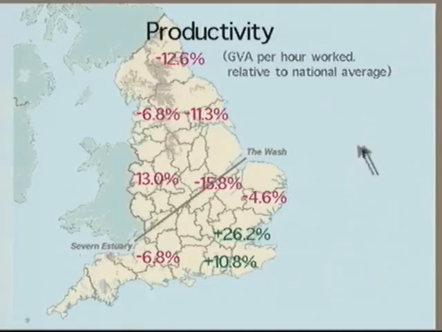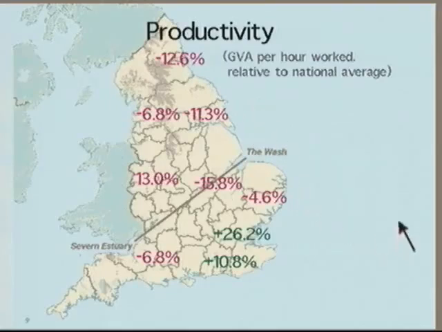So, what do we think about this? Productivity is low in the North and the East and the Southwest perhaps, and it's high in the Southeast and London. So what do we make of this? Is it that all these people up here are just lazy and they're depending on benefits and they are unproductive?